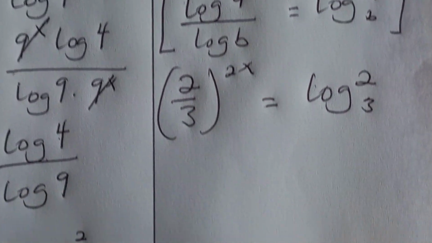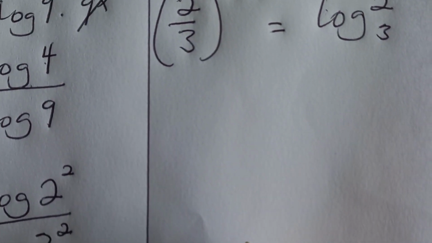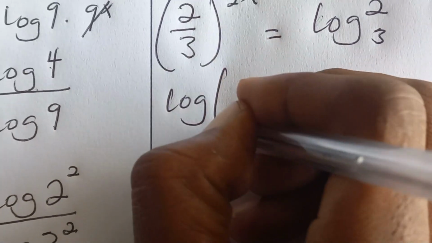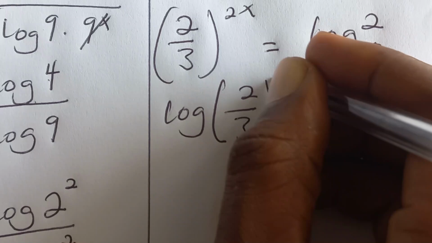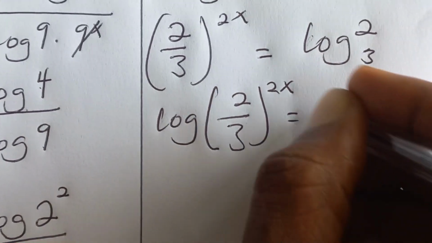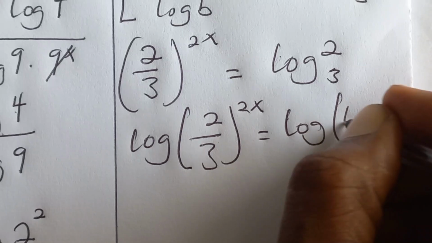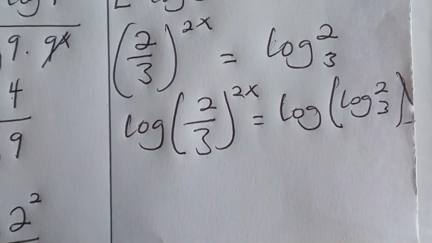Okay, so now we can introduce another log to both sides. So it's going to be log of (2/3)^(2x), which is equal to log of log 2 base 3. Okay.